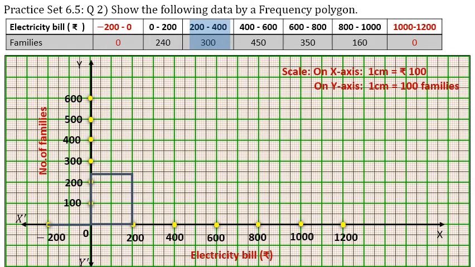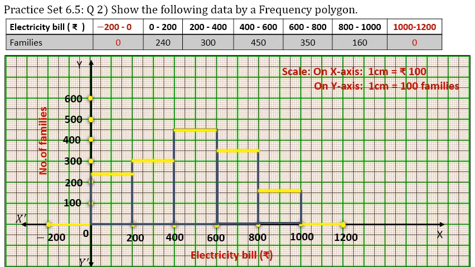In a similar manner, we will draw the rectangles for the remaining class intervals. To mark 160, we count 6 millimeters above 100. Note that the rectangles for the first and the last class interval will correspond to the x-axis.